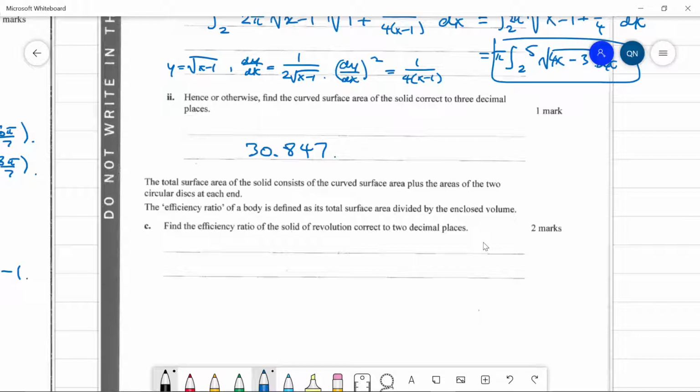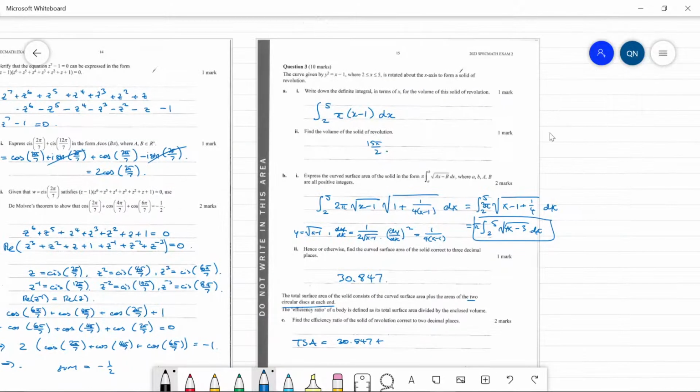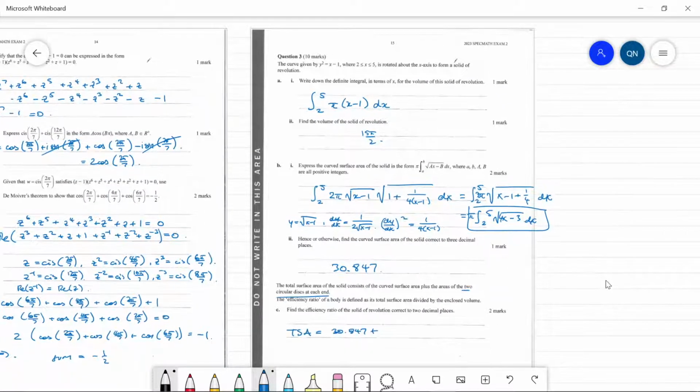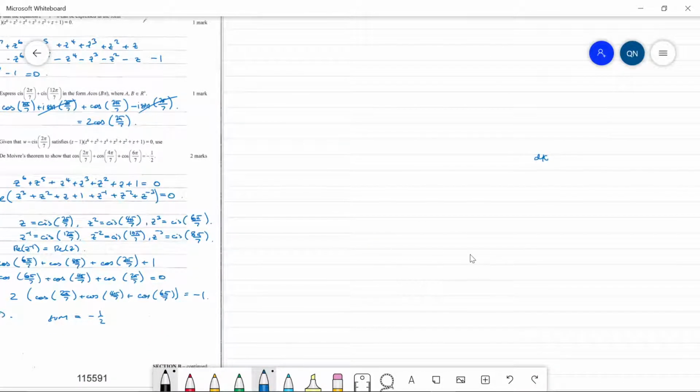So total surface area equals the 30.847 plus the 2 circular discs at each end. So what does that mean? It means you've got to find the radius of the 2 discs at each end. So what's the radius? Well, we have y equals the square root of x minus 1. Oh dear.